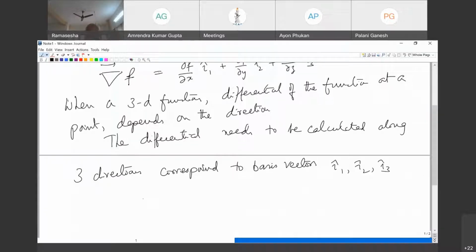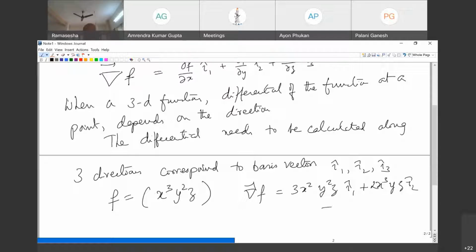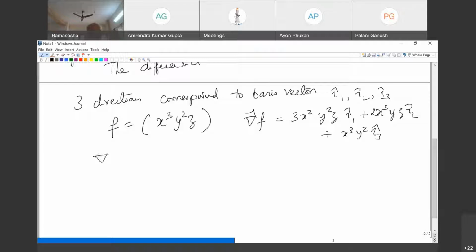So what we will get is, I had taken f is equal to x cubed y squared z, and I had gotten del f, which was 3x squared y squared z times I1 plus 2x cubed yz times I2 plus x cubed y squared times I3. So supposing you want to find out what the grad f is at, say, the point 2, 3, 4.